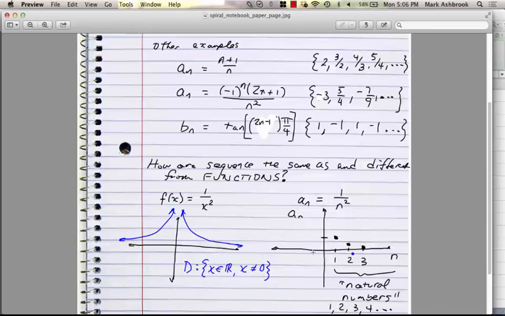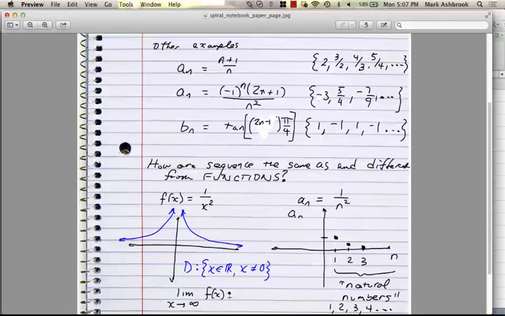Okay, so we're going to think about sequences in terms of functions, right? So whatever this function does as x gets very, very large is the exact same thing the sequence will do as x gets very, very large, right? Because they're going to have the same outputs. So what is that the idea of? That's the idea of limit, right? So the limit as, say, x gets really big of f of x.